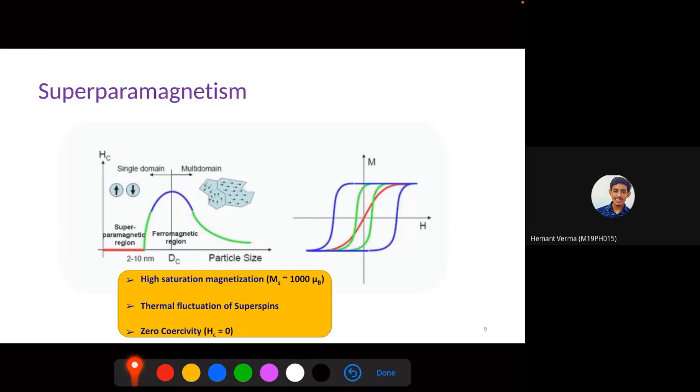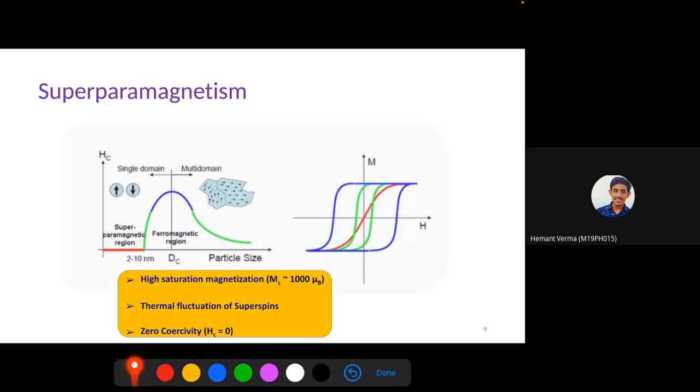But typically, the way you know that you have superparamagnetism is that when you measure M versus H at room temperature, although you will not see any hysteresis, you will always have a very high saturation magnetization, MS. So coercivity will be zero, but you have a very high saturation magnetization.